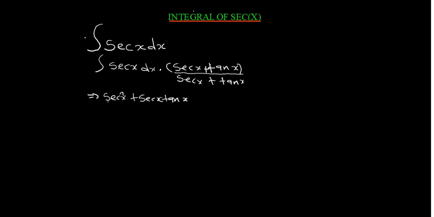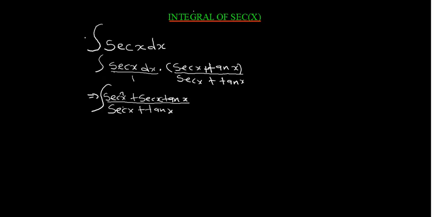What about the denominator? There's just 1 here which you're multiplying, so we are multiplying directly. That will give you sec x plus tan x, like that.